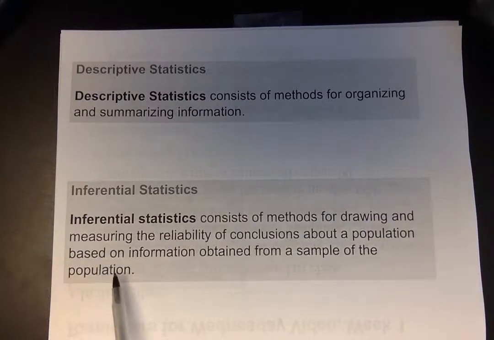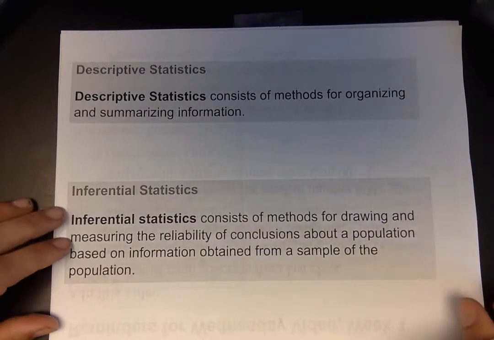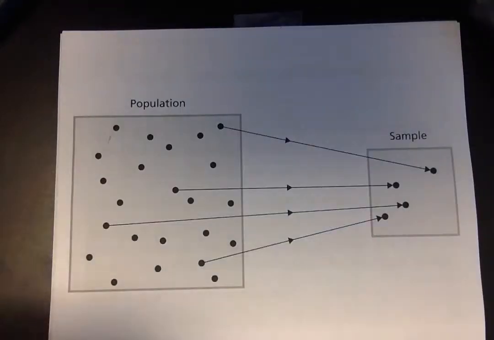So inferential statistics don't include all of the population. They don't include all of the data. That would be descriptive. They only include information that we got from averaging over a sample that is only a subset of the population.